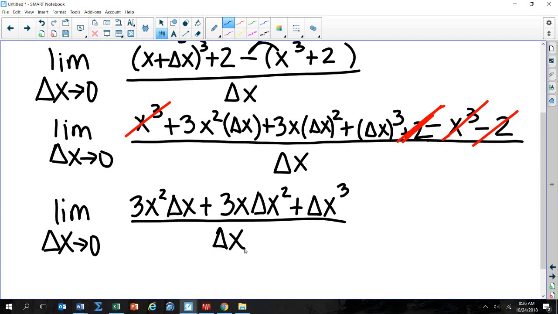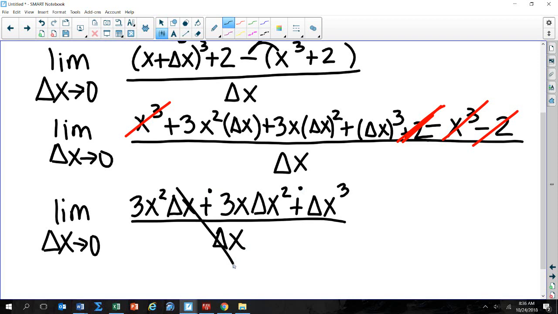Any ideas about where to go from here? Okay, so if there was multiplication here and here, then I could just cancel these.